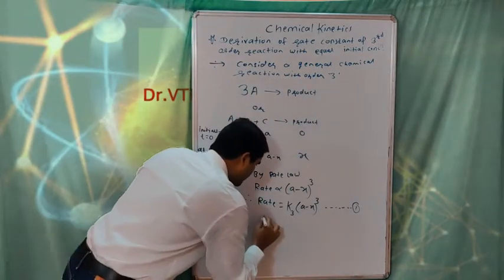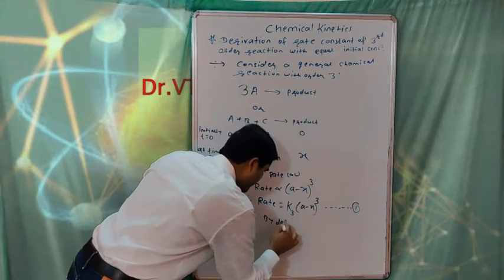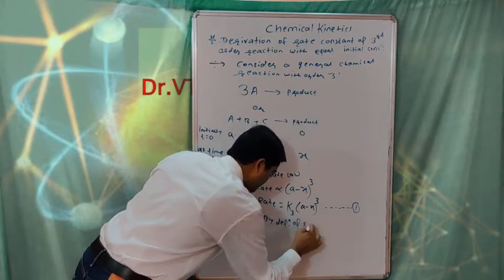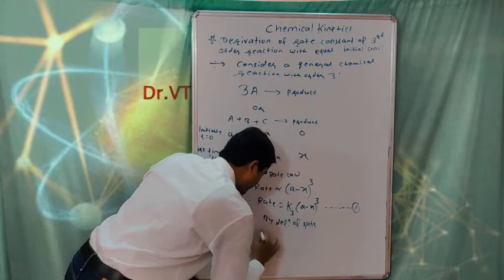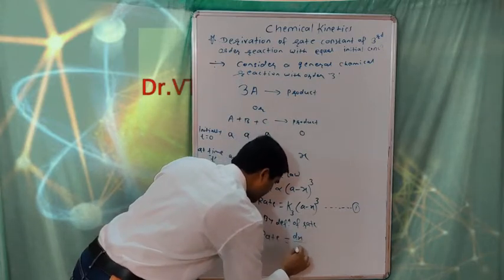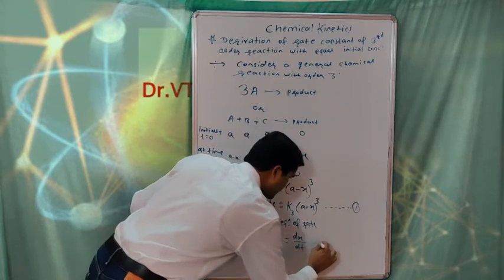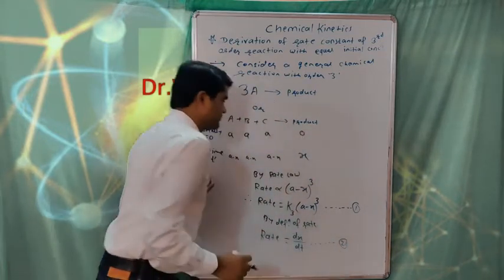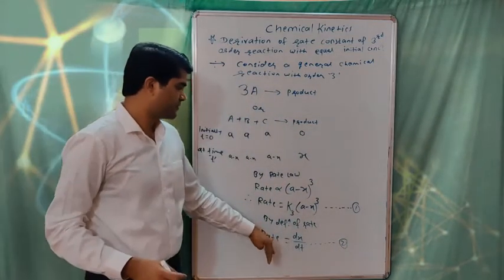Now by definition of rate of reaction, rate is equal to dx by dt. This is equation 2, we know that.